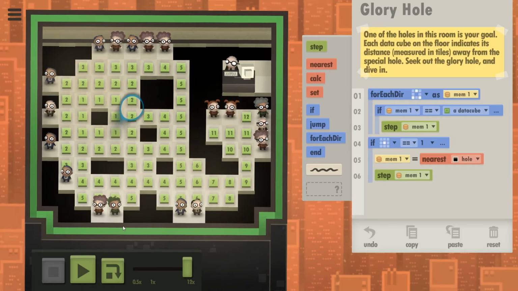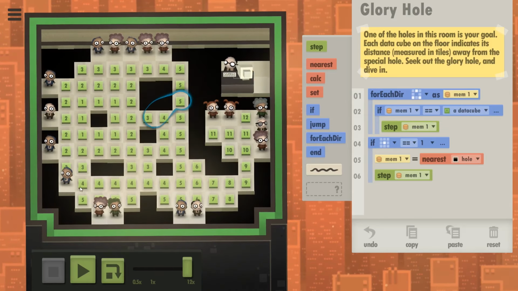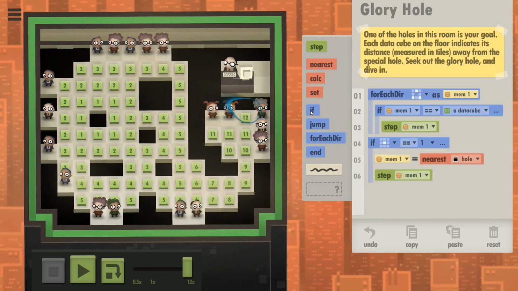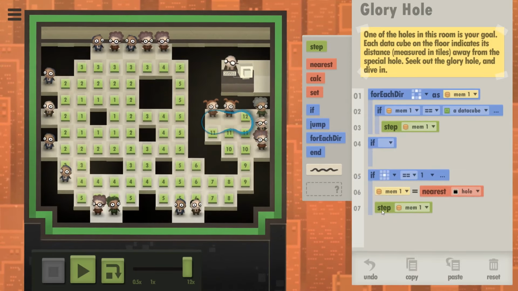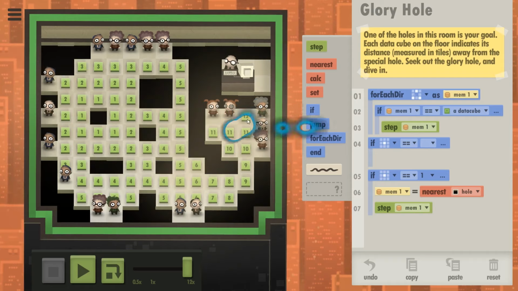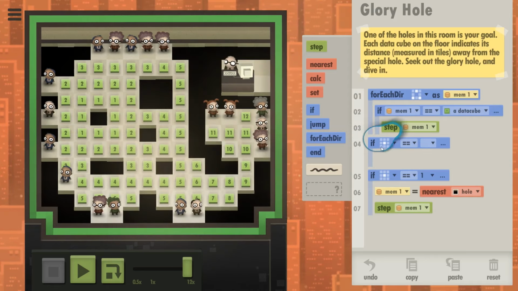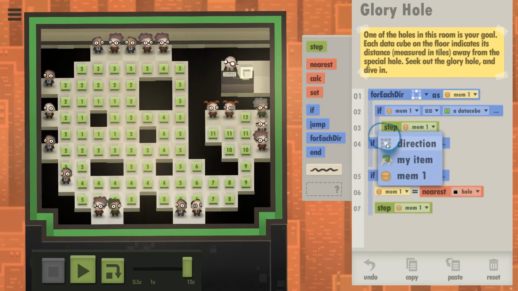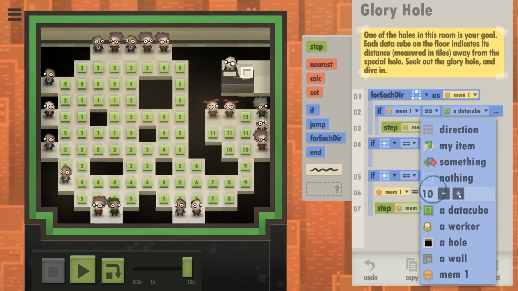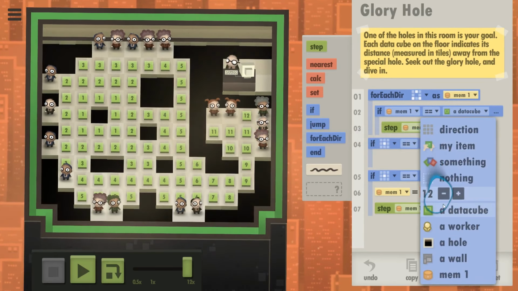So the question is, okay, nobody's ever going to end up on 12. The way we have it set up, nobody's ever going to end up on 12. So if your current one equals 12, no, sorry, 11, because we're never going to end up on 12.